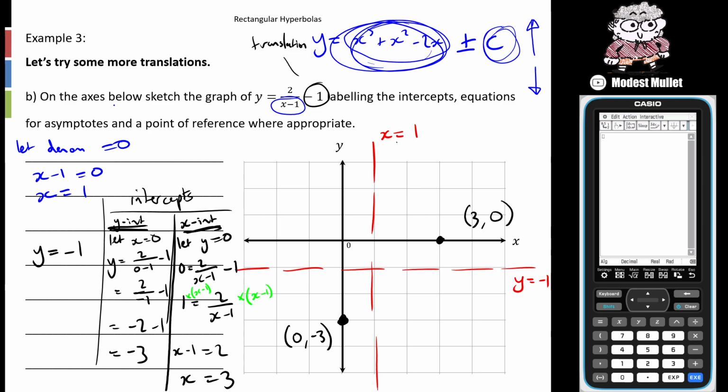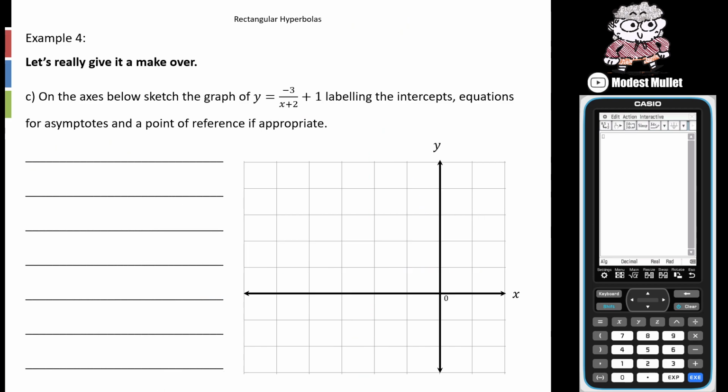But we can come in and draw our shape, making sure our line is going towards the asymptote and through our intercepts. I'll leave this one for you to have a go at, but it's got a reflection. The same thing still applies.